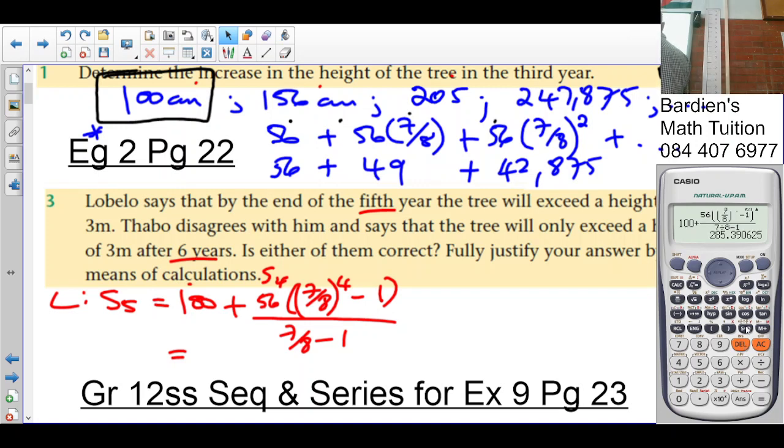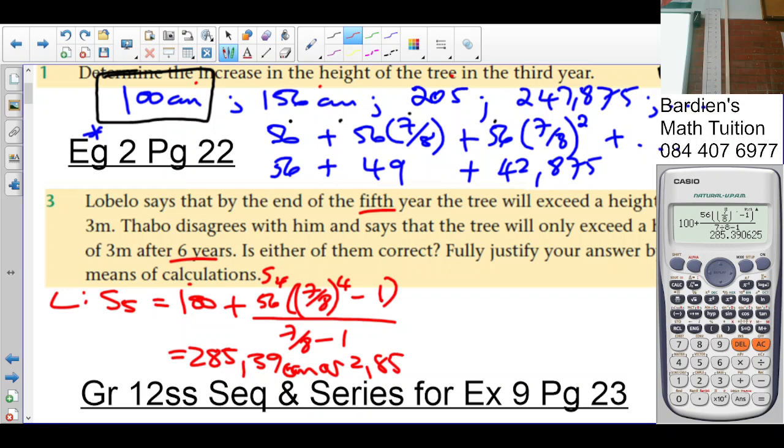So that gives us a height of 285,39 centimeters or 2,85 meters. So is Libello correct? The answer would be no. Libello is incorrect. Okay. On the other hand, let's go to Tabu.